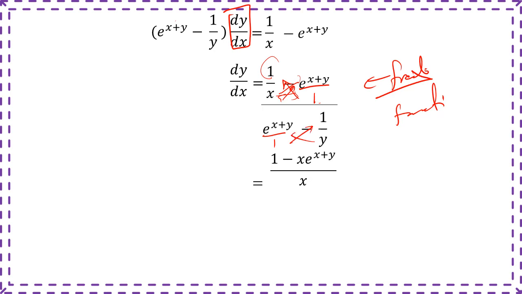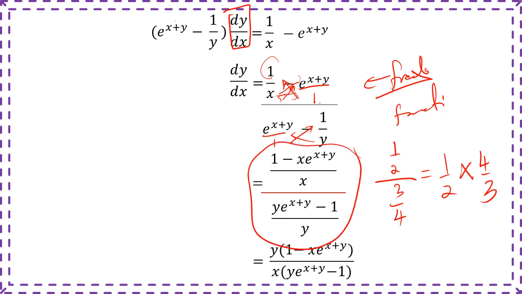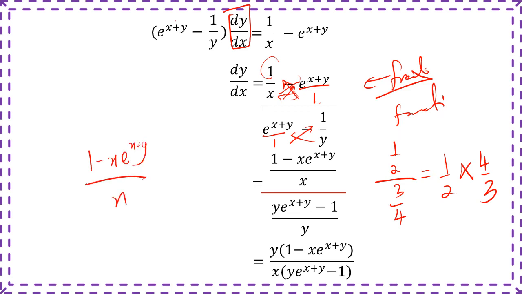So cross multiply, what we have is y e to the power of x plus y minus 1 over y. So 1 over 2 divided by 3 over 4 will be the same as 1 over 2 multiplied by 4 over 3. So we can write down this thing as, okay, so if I write this, 1 minus x e to the power of x plus y divided by x multiplied by, so this y will be the numerator divided by y e to the power of x plus y minus 1.